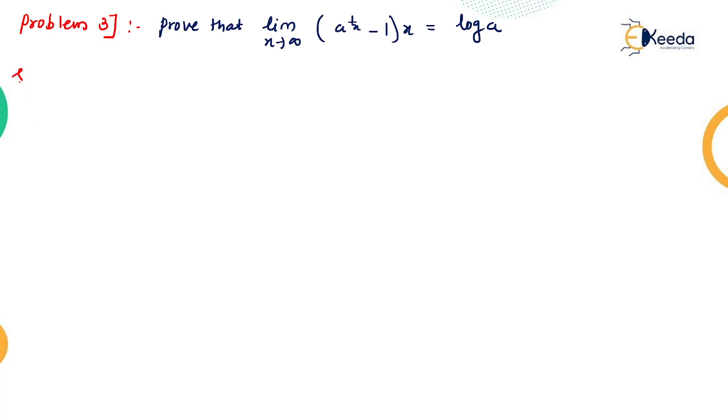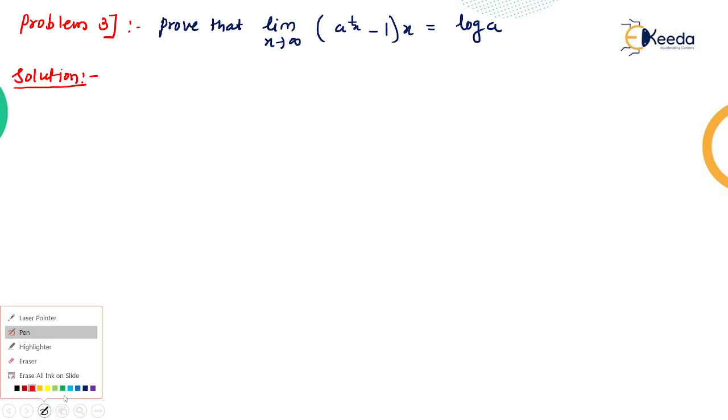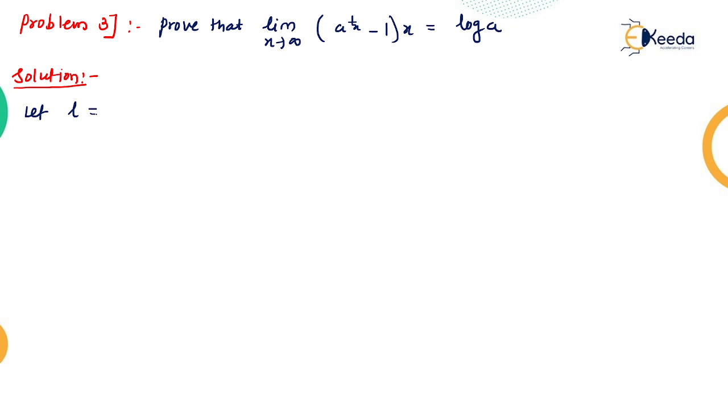Now we have to solve this. As in the previous example, we first consider the given limit as L. So let L be the limit as x tends to infinity of (a raised to 1 by x minus 1) into x.